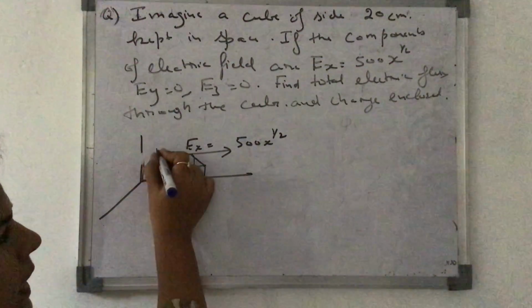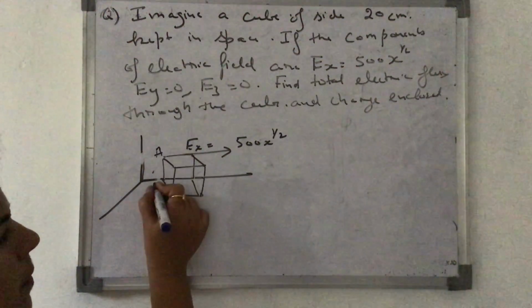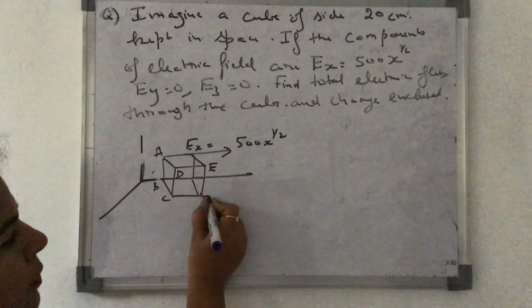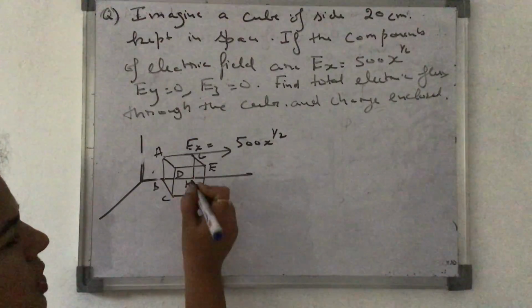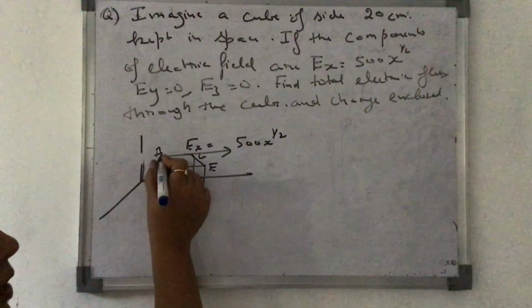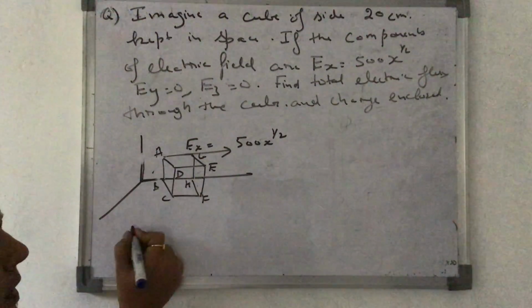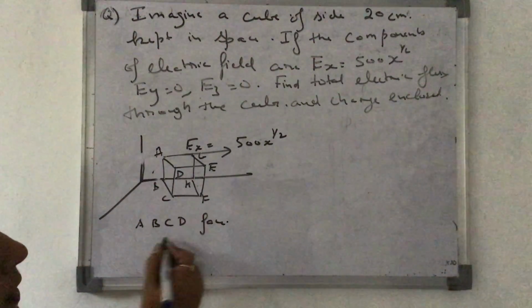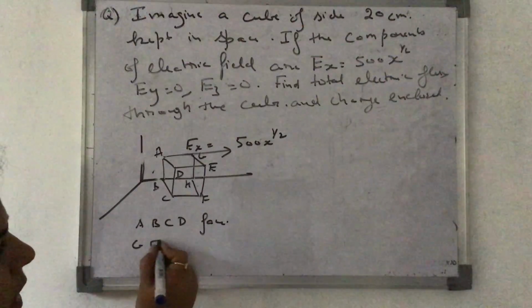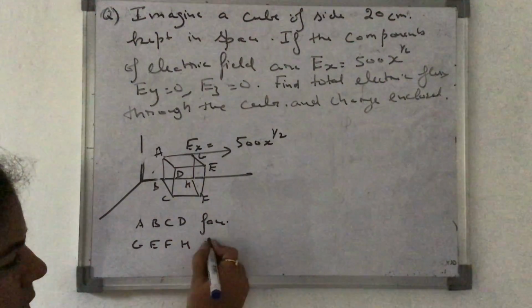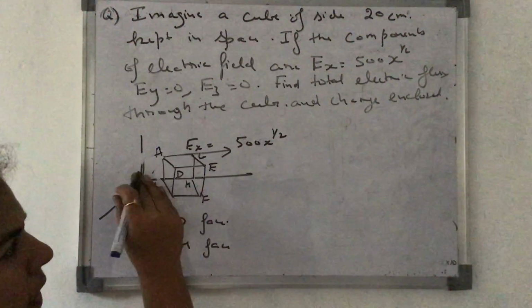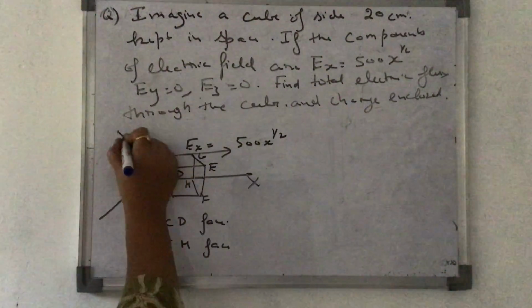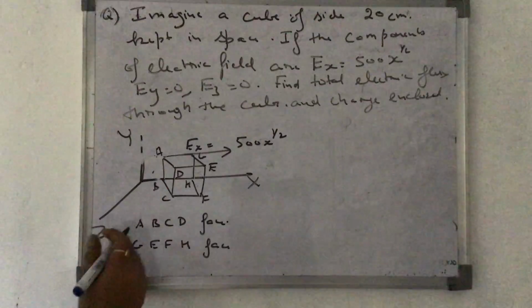If I call the vertices A, B, C, D, E, F, G, H, we'll be having electric flux only through two surfaces, the A, B, C, D face and the G, E, F, H face. Only two faces. Why? Because electric field is along x-axis only. There is no electric field along y-axis, no electric field along z-axis.